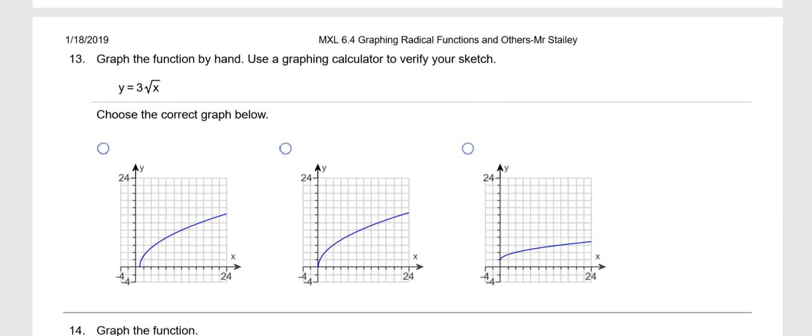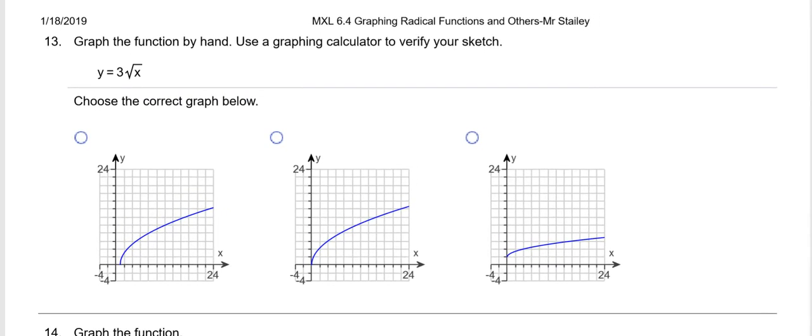Okay, question 13 is a little bit different. All right, now, the multiplier that you see in front of it.